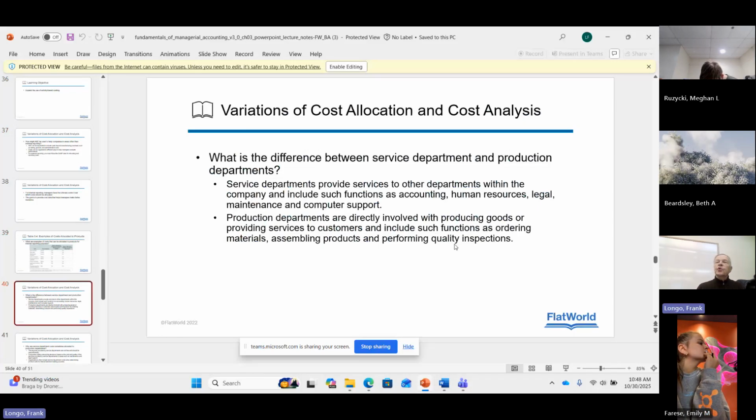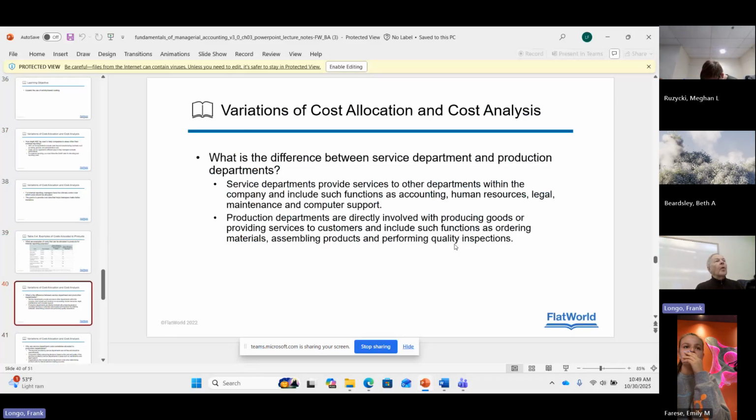Those services, do they go into making the product? No. When human resources helps employees with their health insurance, that's not part of making the product. But it is a service to departments.